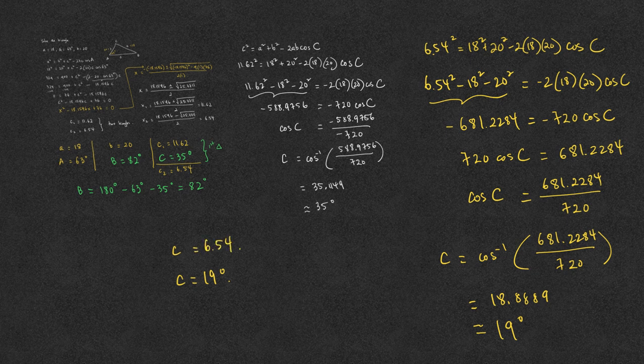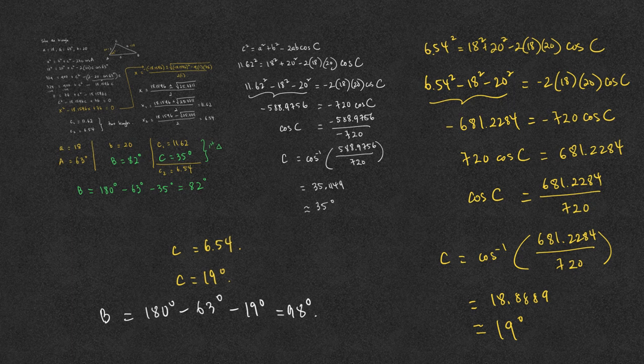Once we have the angles C and A, we can find the angle B. The angle B is 180 degrees minus 63 degrees minus 19 degrees this time. This would give us 98 degrees.